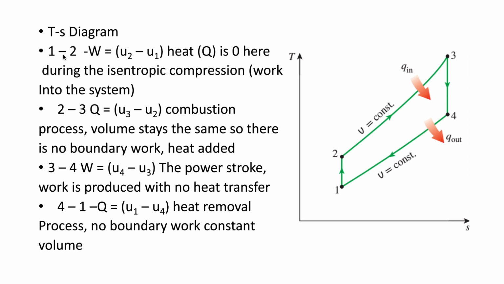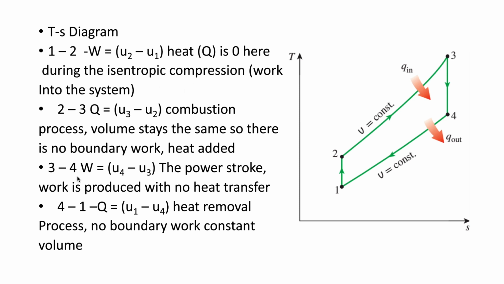From 1 to 2 and from 3 to 4, Q equals 0 because there is no heat removal or heat addition. So we're left with work. Work equals delta U. From 1 to 2, we have work into the system because of the compression stroke.